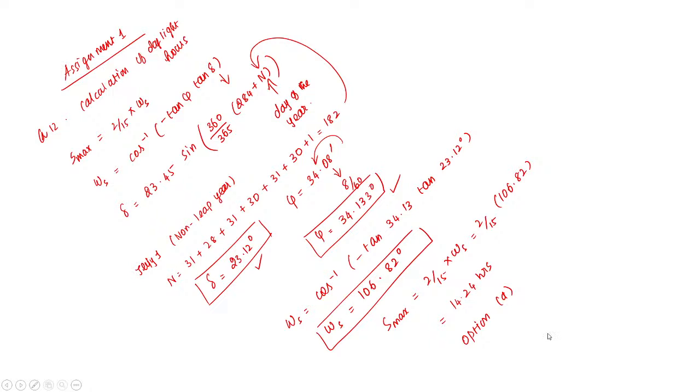Okay, most of you asked about assignment 2, because you were probably confused by the number of glass covers. In the lecture 3 practice problem I did it with one glass cover, and in the question the number of glass covers is 2, so there was a little change in the formula.